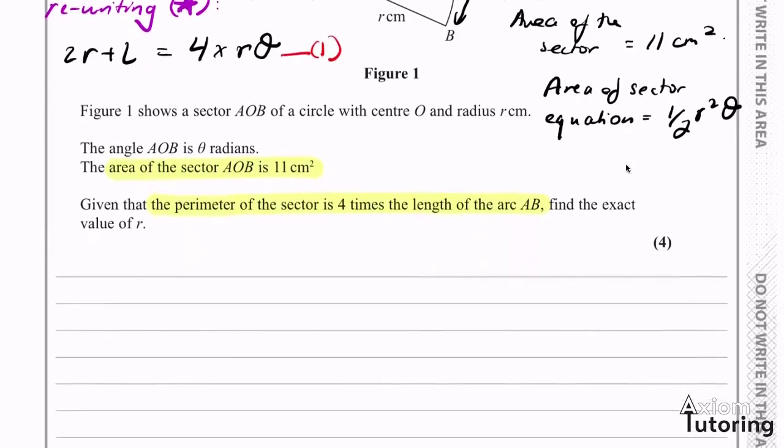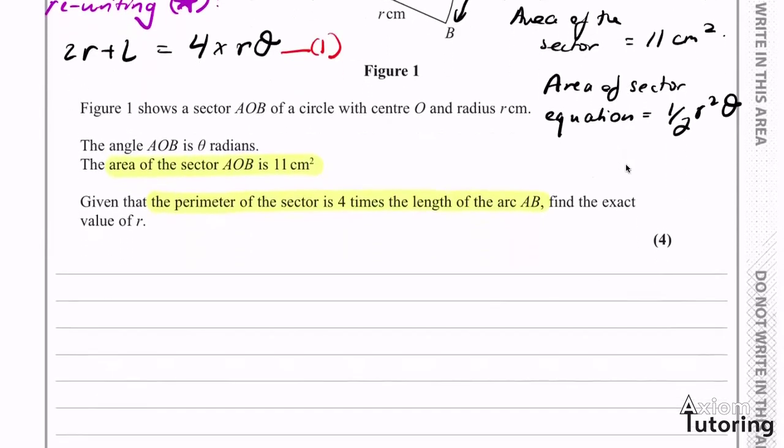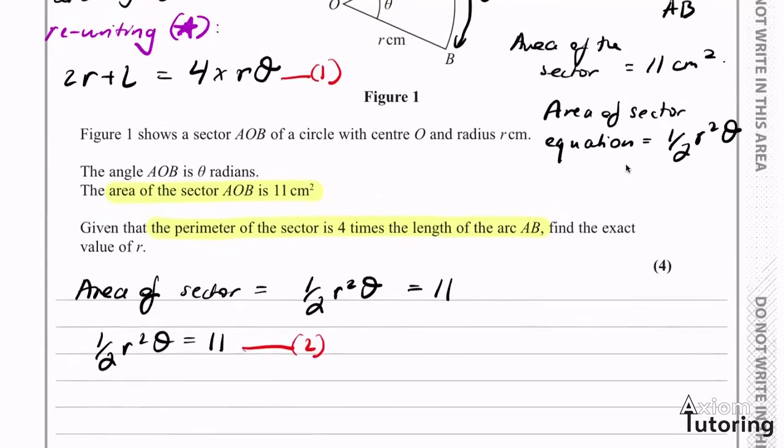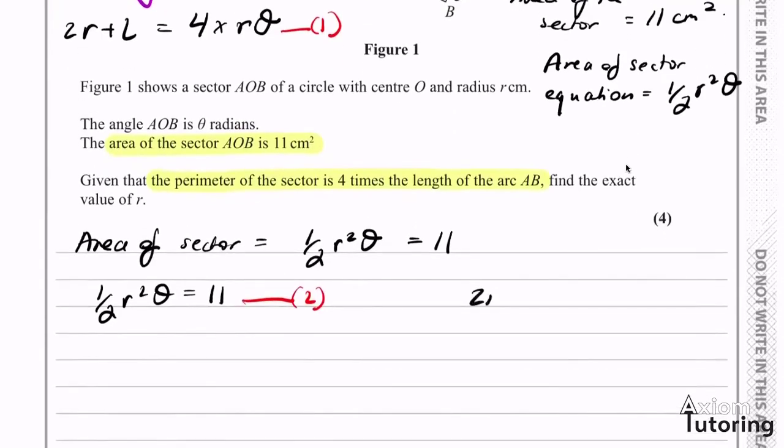Maybe I'll start writing it down here where the lines are. So area of sector equals a half R squared theta, which is equal to 11. So half R squared theta equals 11. That's our equation 2 here.